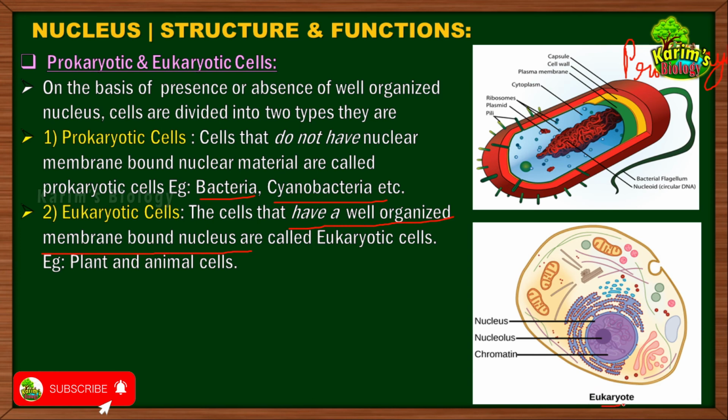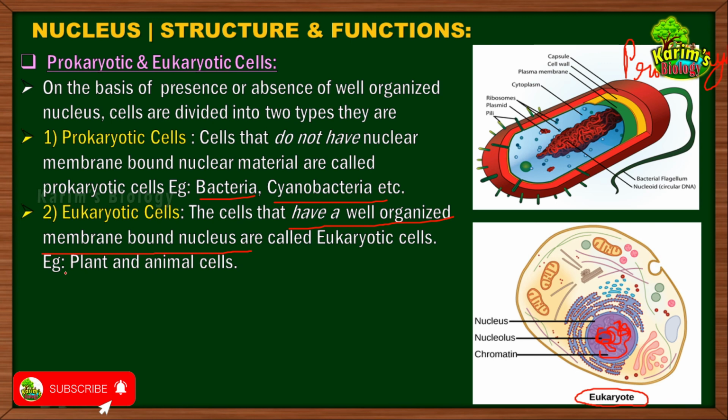So this is the eukaryotic cell, because in the eukaryotic cell there is chromatin material over here, there is nucleolus, and around that can you see the nuclear membrane? Yes, the nucleoplasm is surrounded by nuclear membrane. If such is the condition, it is called a well-defined nucleus. That means in eukaryotic cells, a well-defined nucleus is present, which is a membrane-bound nucleus.